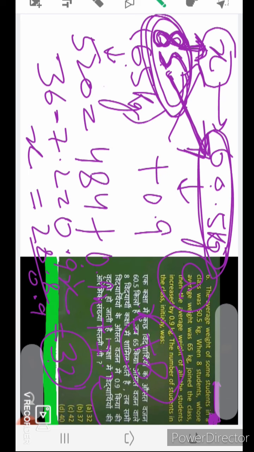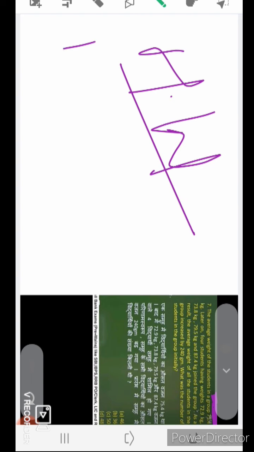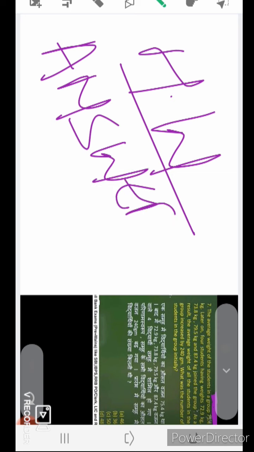Okay, now what we are going to do is the next question. So this is the 6th question, and this is also the last question. So I am going to give this question as homework. Just tell me the answer of this question. I know everyone is able to solve the answer of this question.